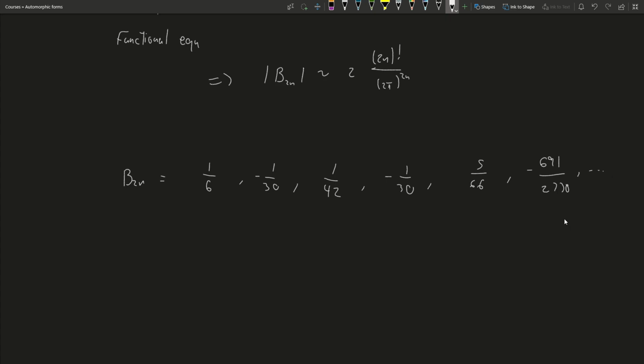And by the time you get to 20, for example, this thing is up to about 529. So they start off small, but don't let that fool you. These are going to infinity.